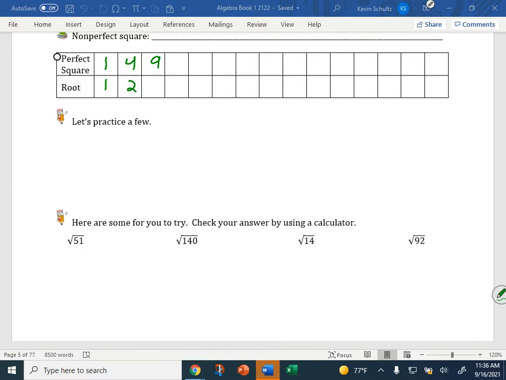The root of 9 is 3. And then 16, the root of 16 is 4. And then 25, 5. And then 36 with 6. And then 49, which is root 49 is 7. And then 64.